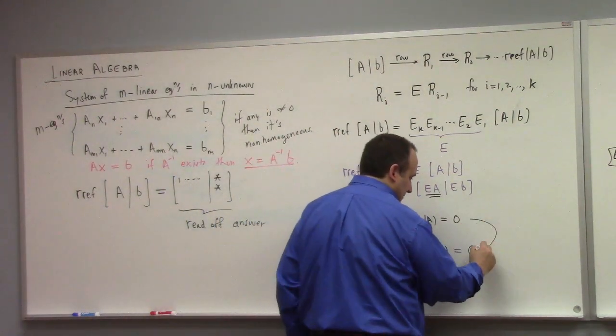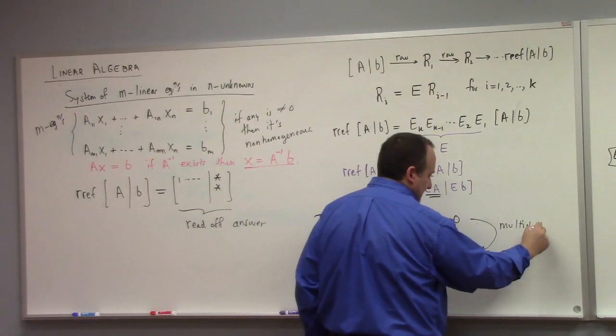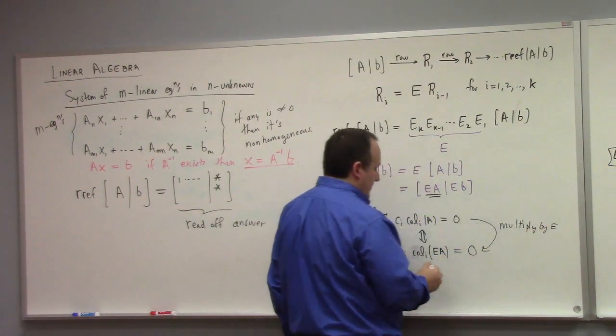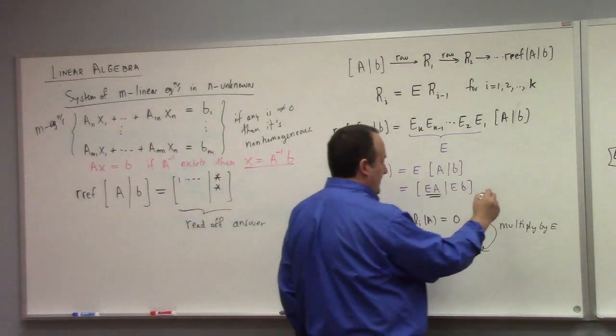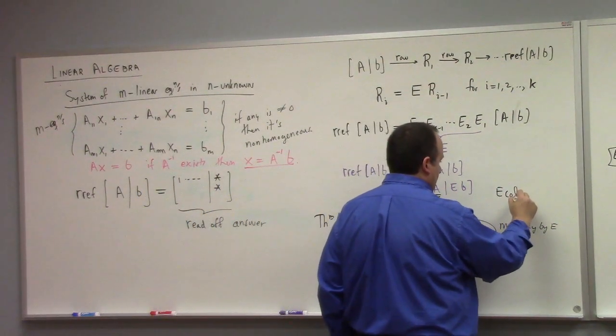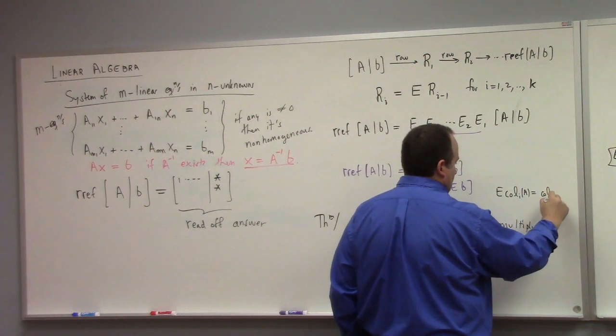You just multiply by E, and use the fact that E times column i of A is equal to column i of EA.